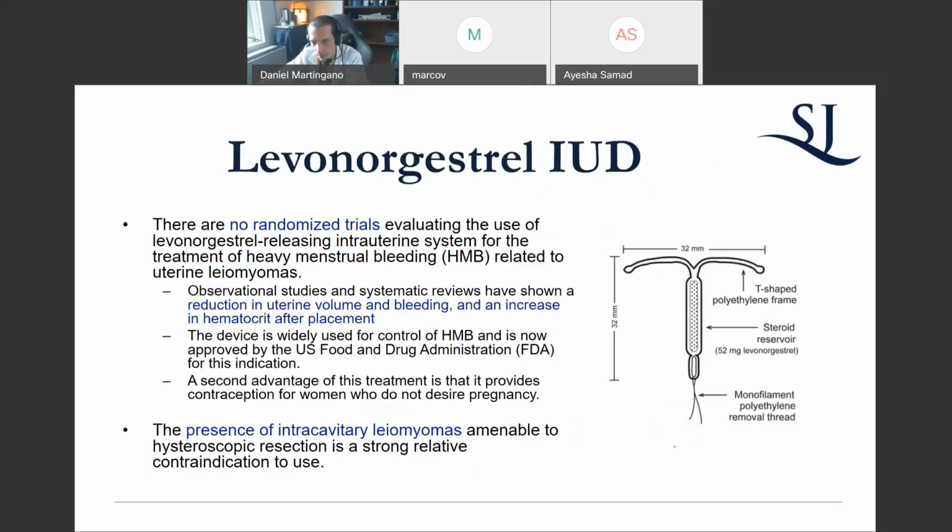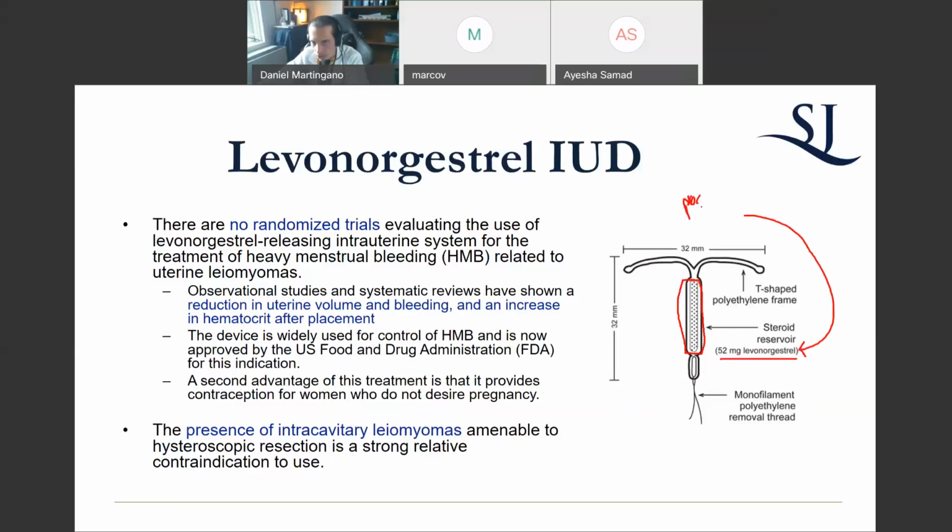All of them more or less have the same structure, and they have a rod where their active ingredient is. So for Mirena, it's 52 milligrams of levonorgestrel, which is progesterone. Okay. There are different forms of progesterone, as I'll explain.